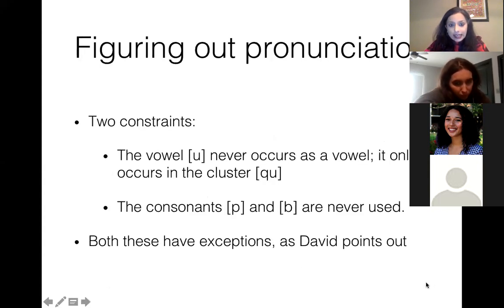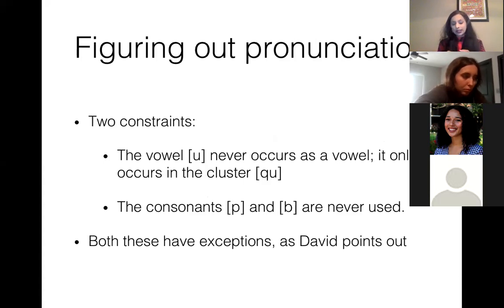The next step that he did was he looked at the data. He looked at all the 56 words that he had from the books, and he figured out some of the phonotactic, syllabic constraints that the language imposes on its syllables. So he identified two constraints, and they both have exceptions, as do many of these kinds of constraints across languages.